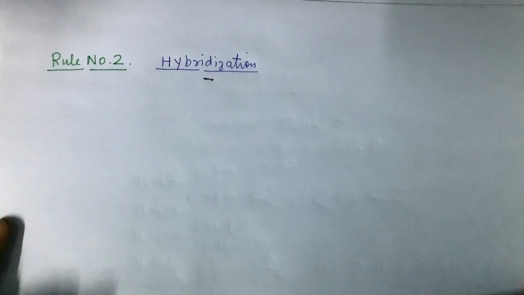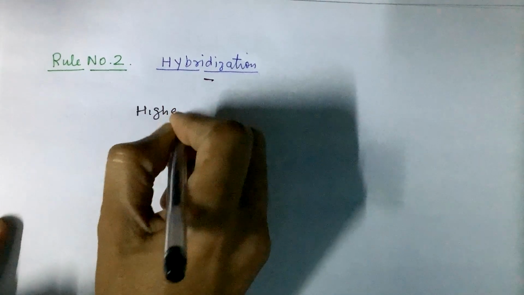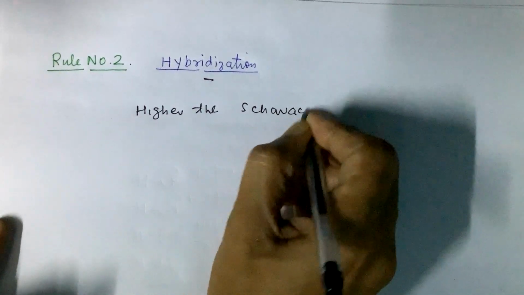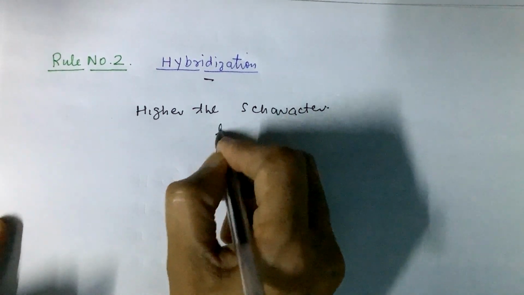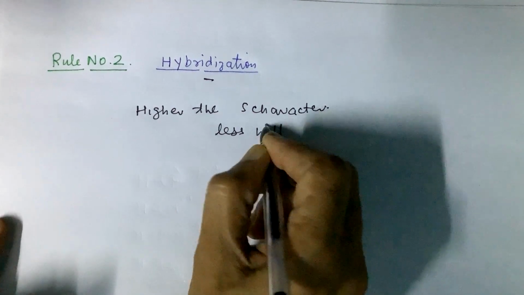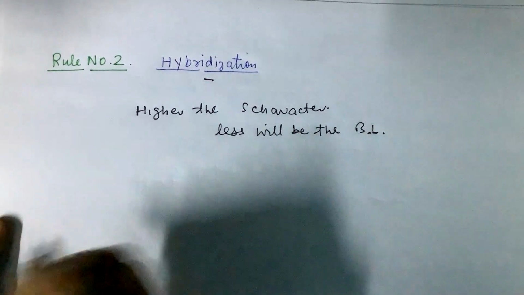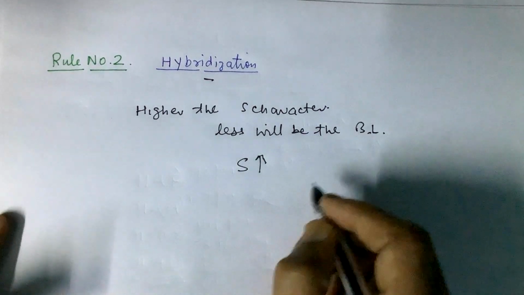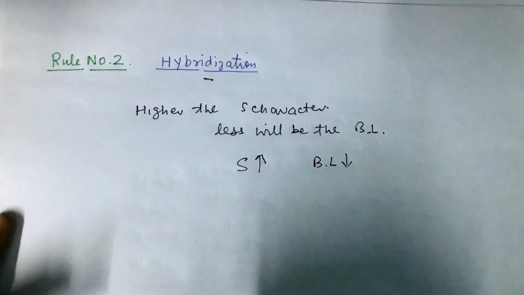In this rule we say that the higher the s character, the less will be the bond length.